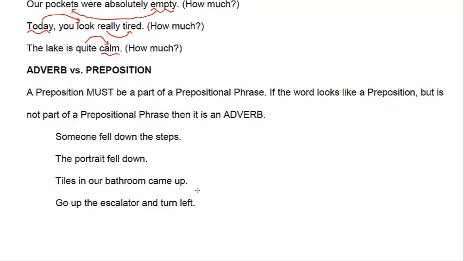It's really easy to mix up adverbs and prepositions, but if you remember this rule, you'll be fine. A preposition must be part of a prepositional phrase. It must be part of a prepositional phrase. If it looks like a prep, but it is not part of a prepositional phrase, it is an adverb. All right? You know the word down because we've been studying it as a preposition.